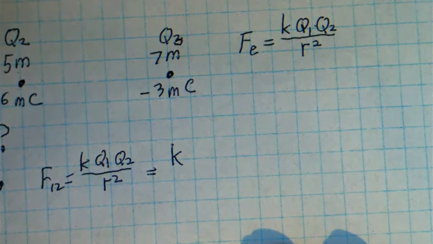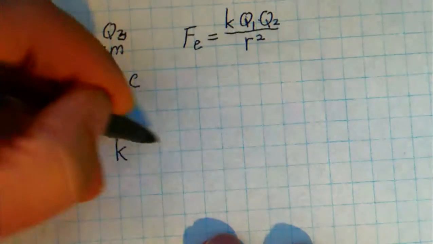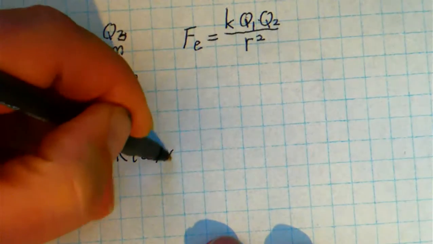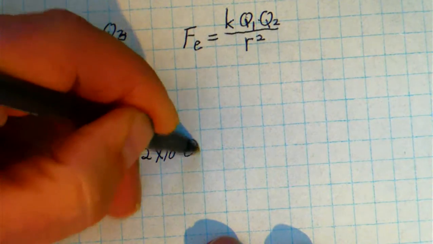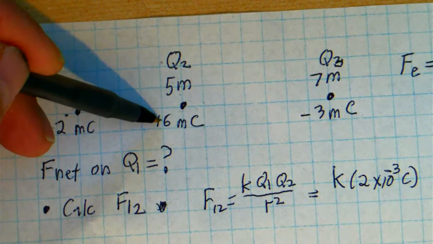In this case, Coulomb's constant, I'm just going to write lowercase k, times 2 millicoulombs. So that's 2 times 10 to the negative third power coulombs times 6 millicoulombs.